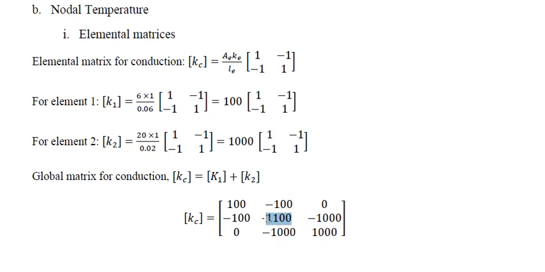Only this component is shared. That is why 100 plus 1000 becomes 1100. Until now we have dealt with only the conduction matrix.